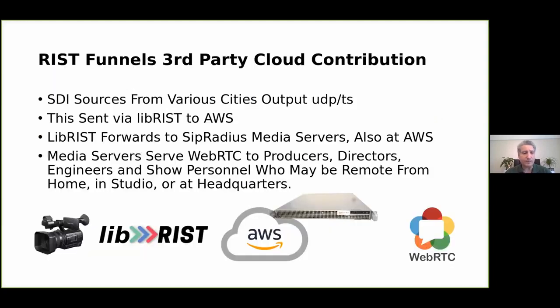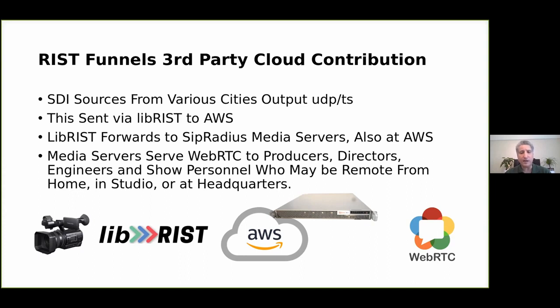The steps, like I mentioned, you have SDI sources. This happens for these customers through many locations, many cities, and they all have a centralized method of distribution of the production of the shows. We have encoders on each location. They produce MPEG-TS.